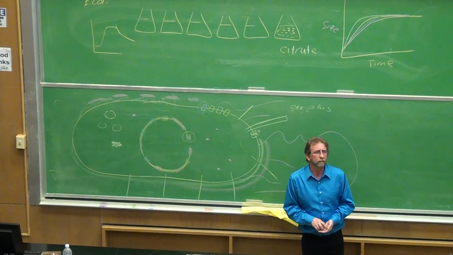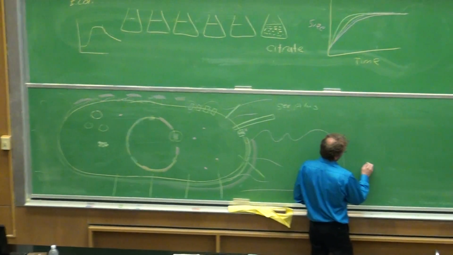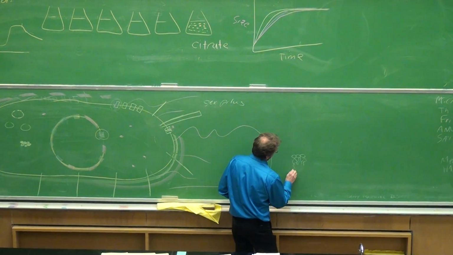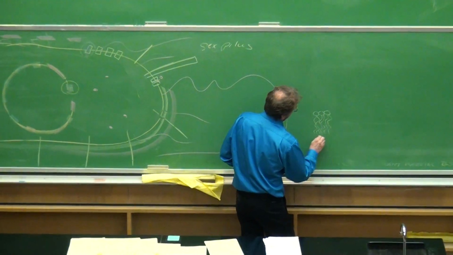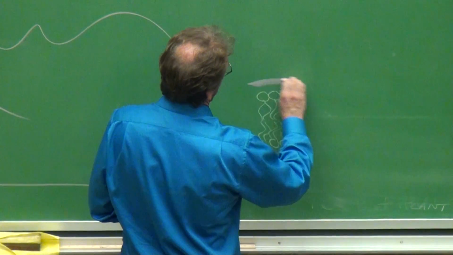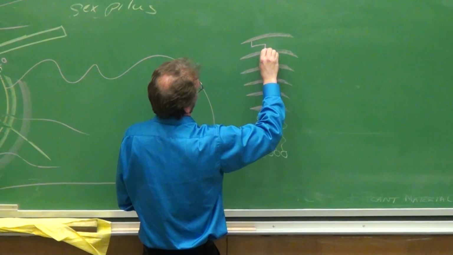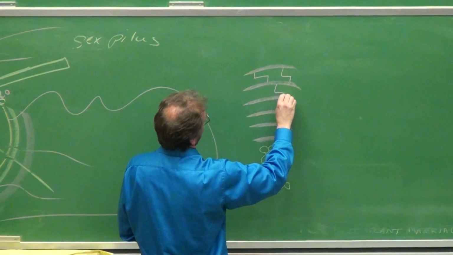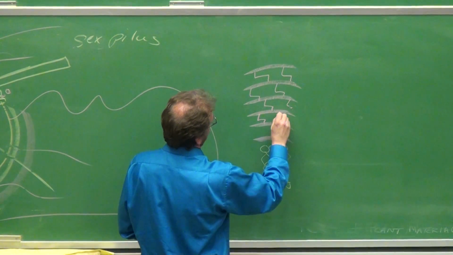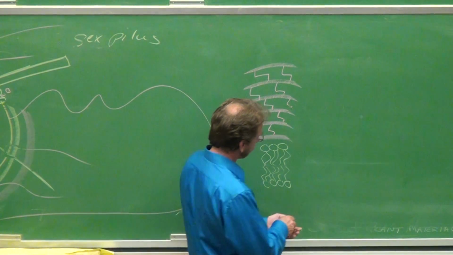Do you want me to draw that, or do I need to? So, that would be a gram-positive cell.